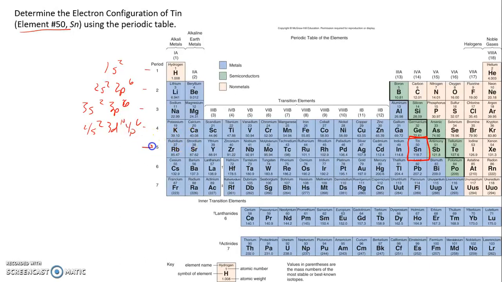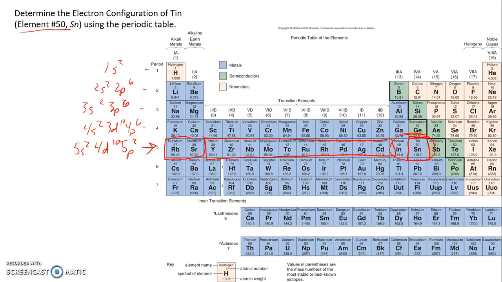And it's level 5 where tin is. So we have here 5s, it's completely full. Then we have 4d, that's completely full. And then of the 5p's, you only have 2 electrons.